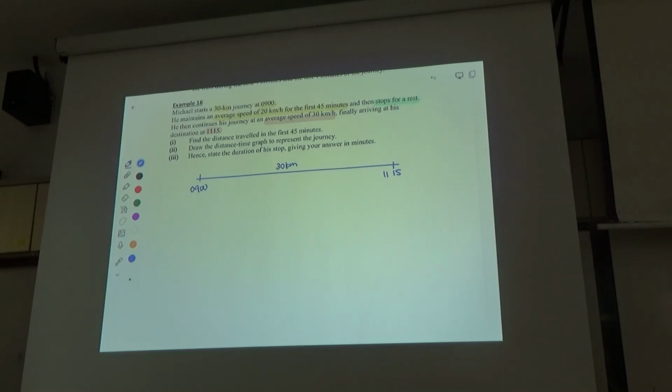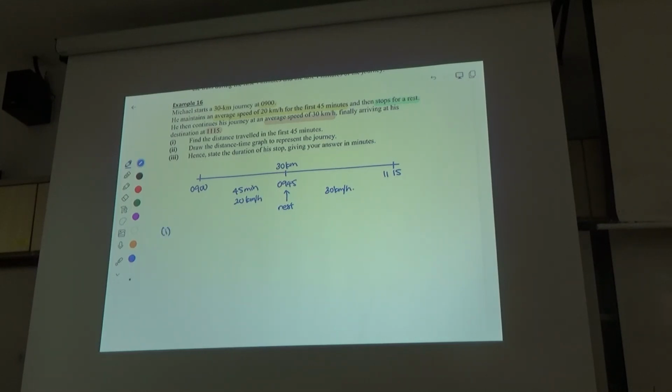Then, he traveled for 45 minutes, maybe 45 minutes, 9:45 will be here. So for this segment, 45 minutes, 20 km per hour. At this part, he rested. Okay? For the remaining journey, he traveled at 30 km per hour. Okay? So I'm just trying to understand the question first.